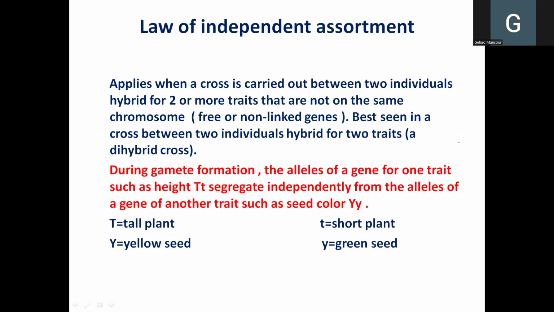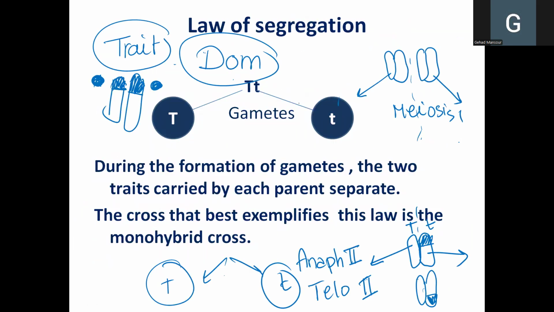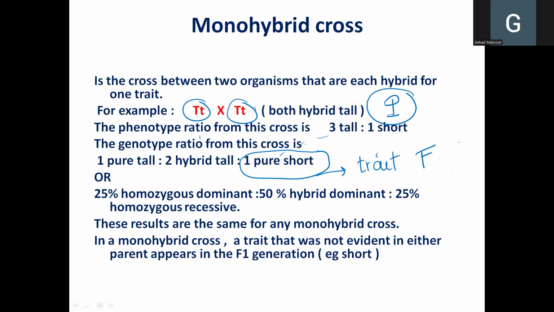The other law is the law of independent assortment. We talked first about the law of segregation of gametes, and the law of segregation of gametes was deduced from the monohybrid cross. Again, this is the relationship between a monohybrid cross and the law of independent assortment.